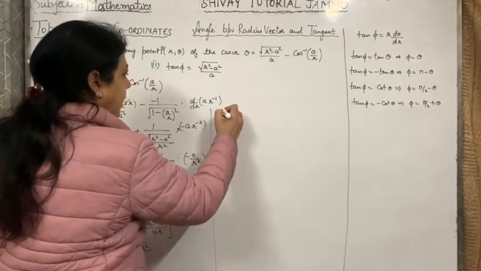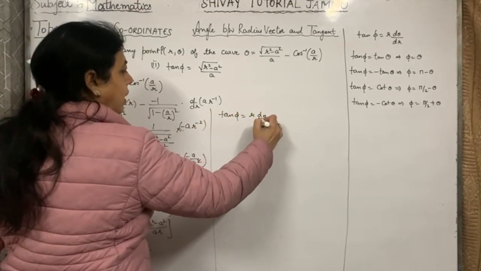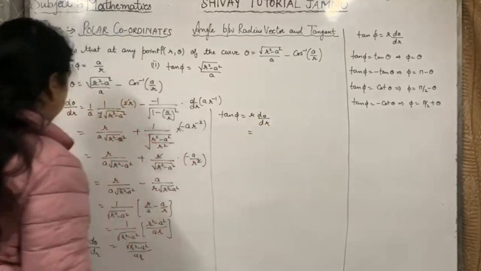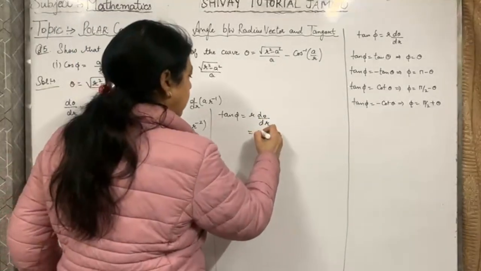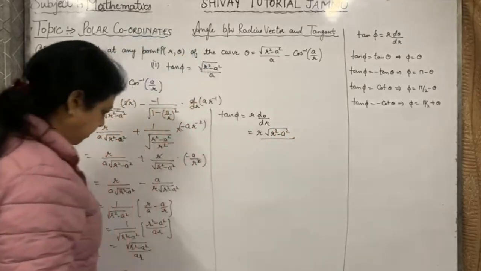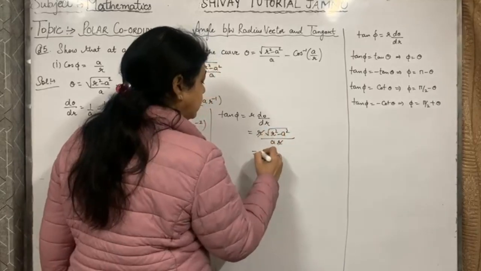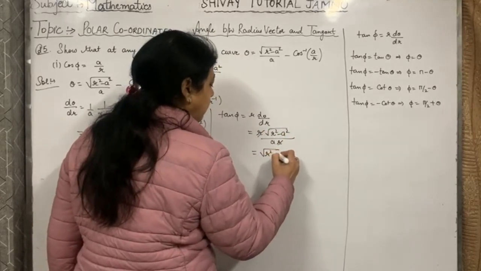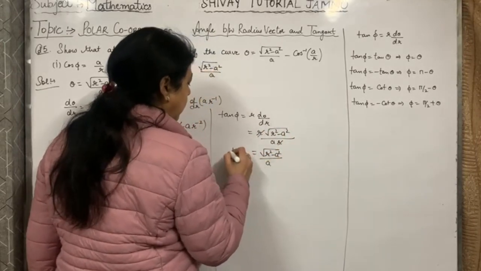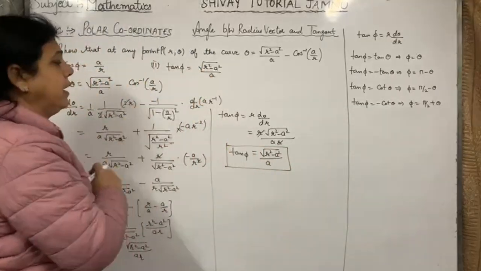What is tan phi? Tan phi is r d theta by dr. R root r square minus a square upon a r. R will cancel. Root r square minus a square upon a. This is tan phi. Clear? This is your second answer.